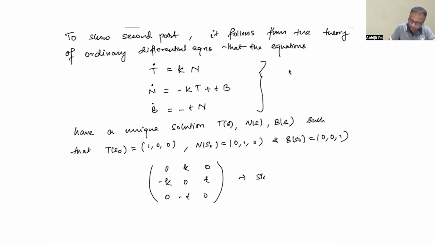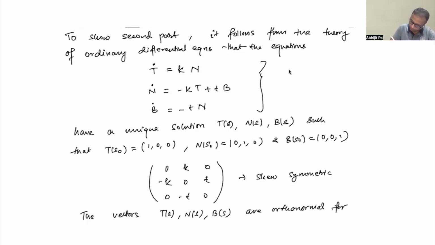Because this matrix is skew symmetric, you can show that the solution obtained, the vectors Ts, Ns, Bs, are orthonormal for all values of s.